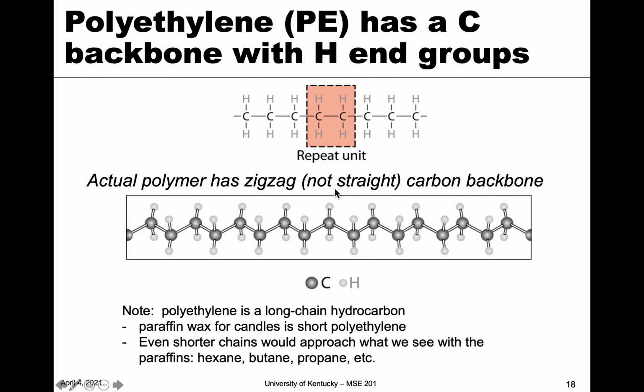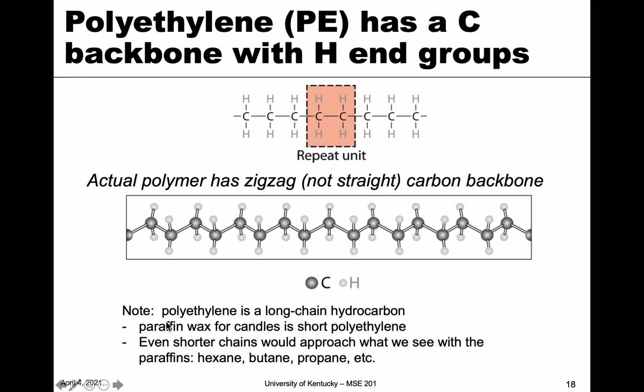So basically, as we talked about, you can start with the simplest with one carbon and then two and three. This is a much larger hydrocarbon, with a much higher molecular weight because it has more carbons and hydrogens involved. We also have paraffin wax, which you can think of as candle wax, is a much shorter polyethylene. So if you think of this as a continuum, we have something like methane, which is carbon with four hydrogens, and that's a gas.